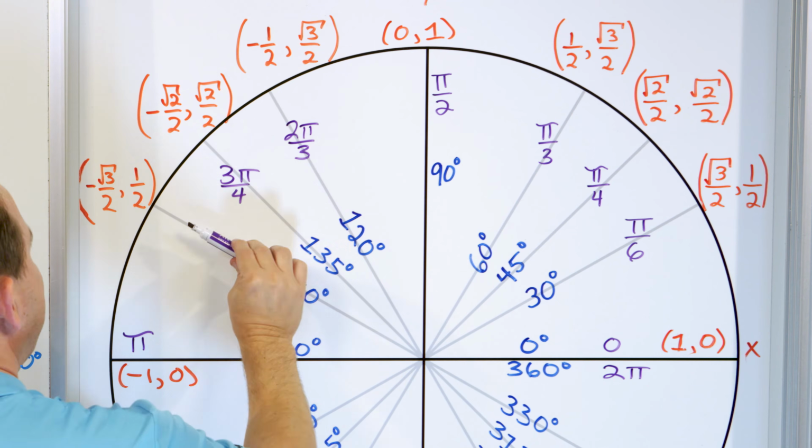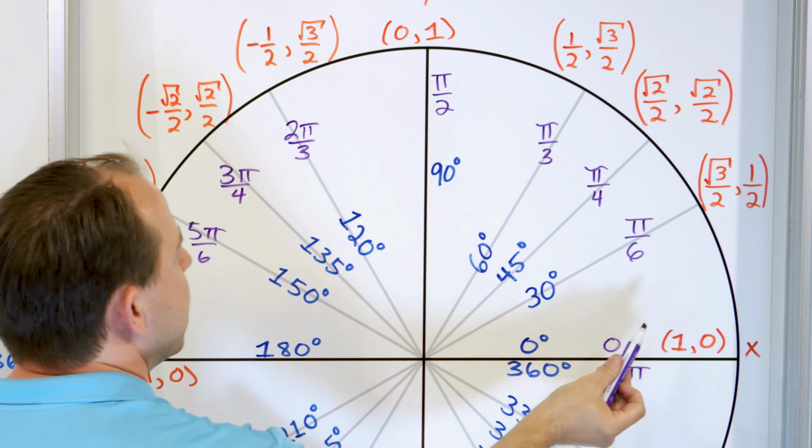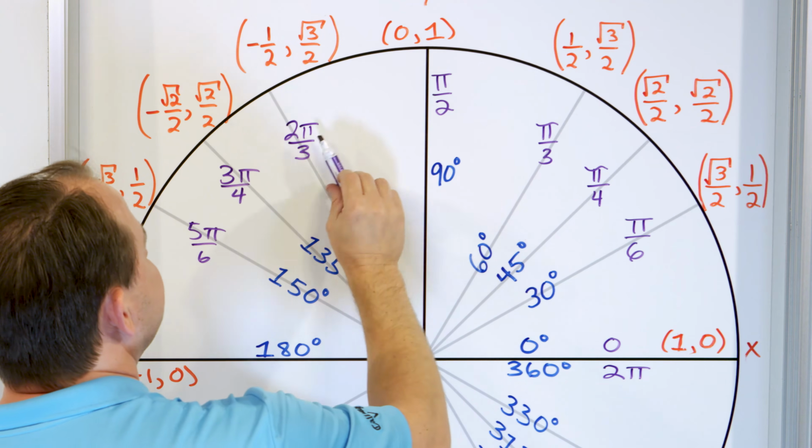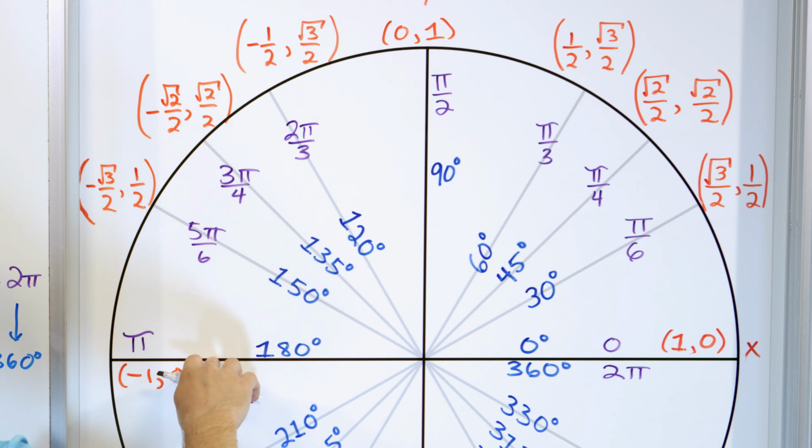Then this is 5 pi over 6. Again, 4 pi over 6 reduces to this, 5 pi over 6 doesn't reduce, and 6 pi over 6 gives us pi.